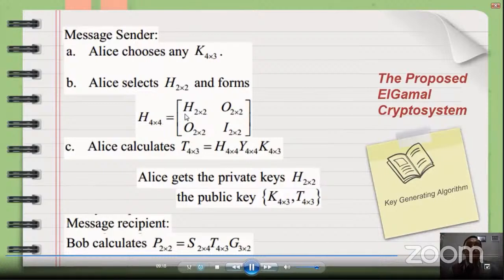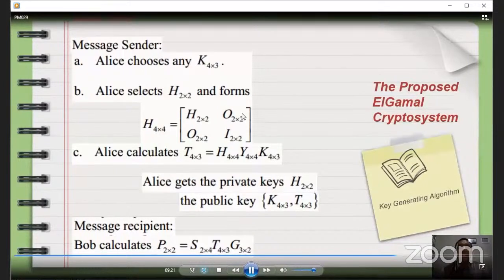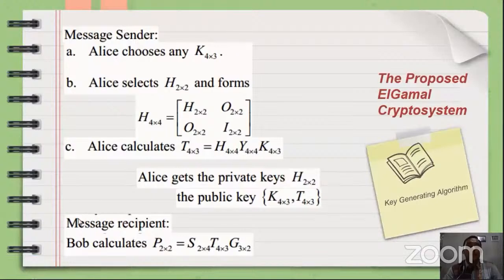Alice selects H 2 times 2 and from H builds a 4 times 4 matrix, with the null matrix and identity matrix. Alice calculates T, H times Y times K. So Alice gets the private key and the public key. Next, the message recipient Bob calculates P equals S times T times G. This is the step in the key generating algorithm.